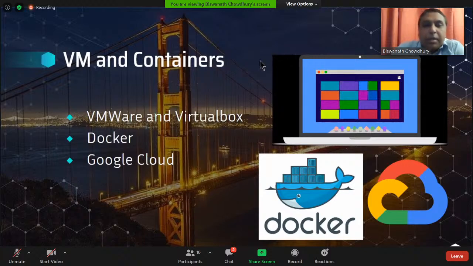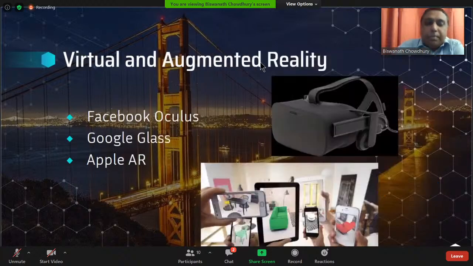Another technology which I find very interesting and I think has a lot of potential is virtual and augmented reality. It can help visualize and understand the data from many fields.